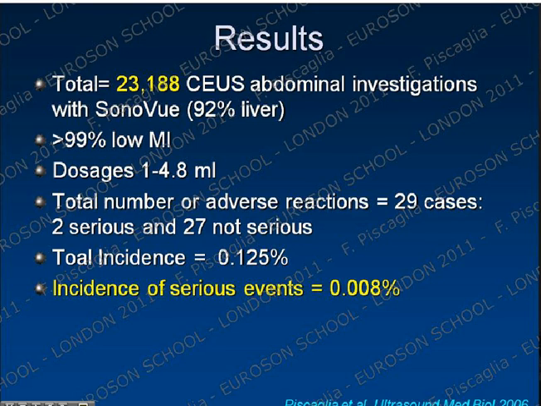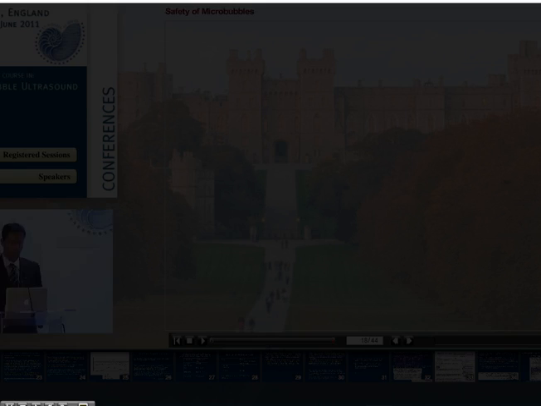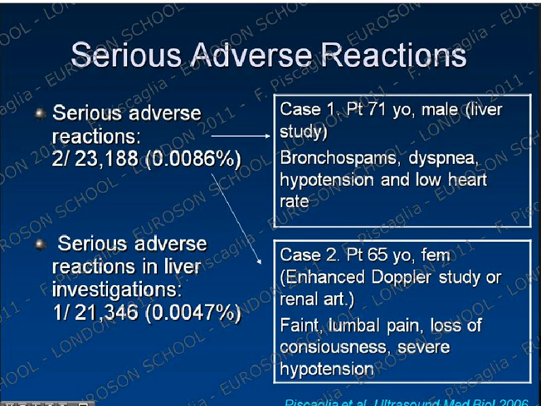So looking in greater detail at what happened in this situation, we could see that these 2 cases were bronchospasm, dyspnea, hypotension, and low heart rate, a condition that altogether was found to be caused by an allergic reaction. And this was a patient investigated for suspicion of metastasis of colon cancer.